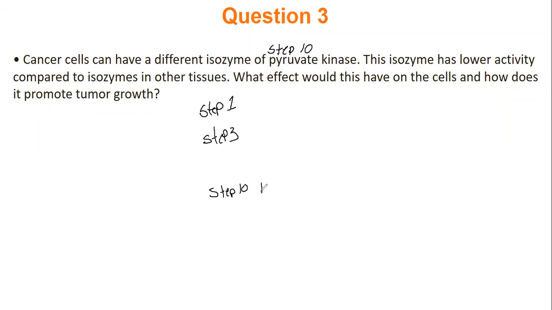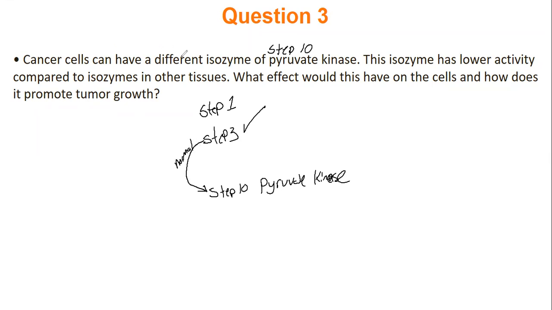Step 10 is our pyruvate kinase, and step 3 is our enzyme that really dictates flux. And remember, normally the product of step 3 can go on and turn on step 10, pyruvate kinase. So that's normally what's happening.